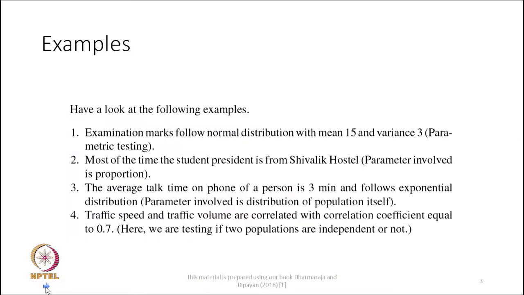Even though I have listed these four examples, in your mind you may have many more examples. Not only the population parameters of mean or variance, you can have many more parameters involved with the population, or functions of parameters.